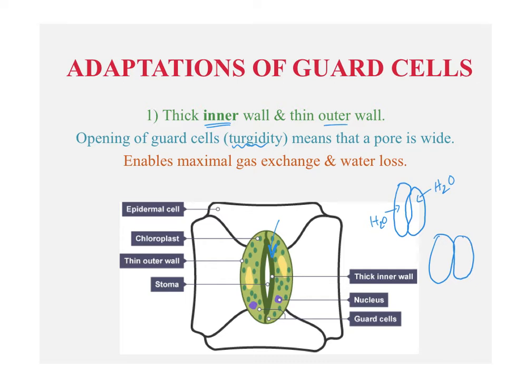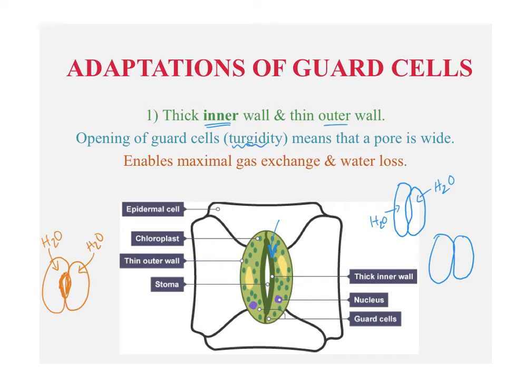Conversely, I'm going to go over to the left-hand side now and use a nice orange colour. If I've got slightly thicker walls on the inside, which I will draw here and here, if water moves into those cells, then those thicker inner walls are going to provide some resistance.